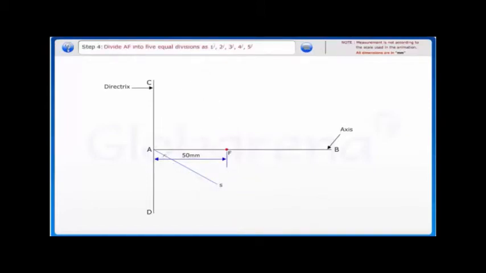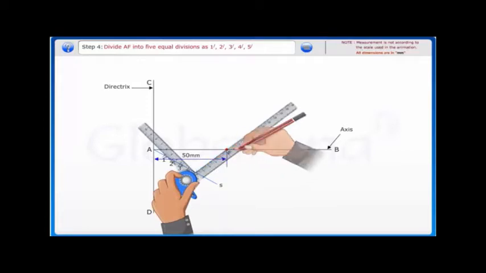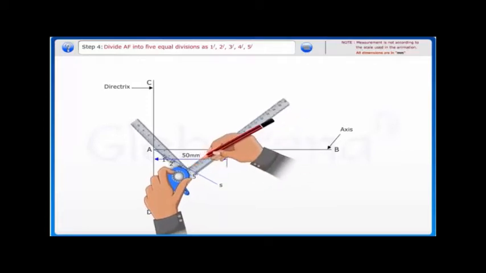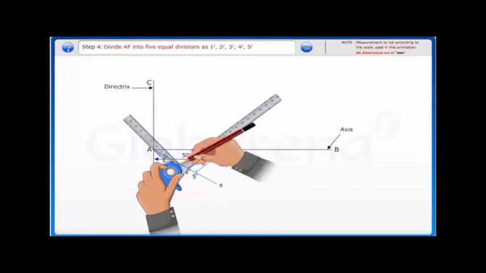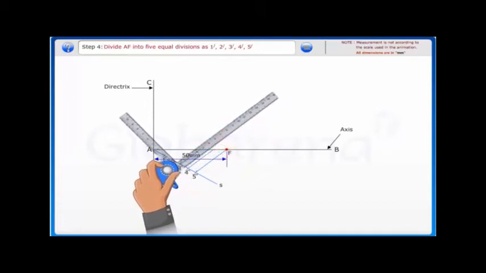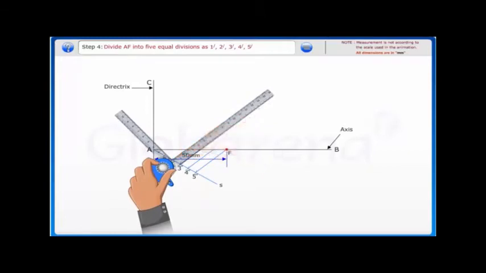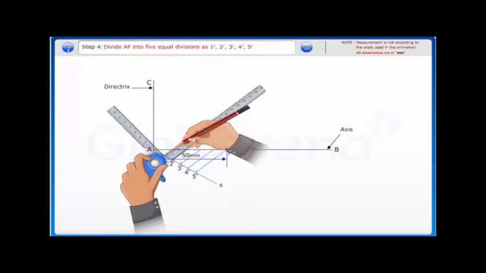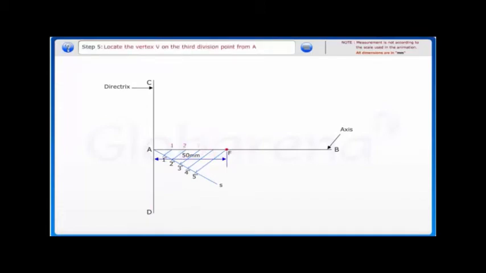Divide AF into 5 equal divisions. Locate the vertex V on the third division point from A.